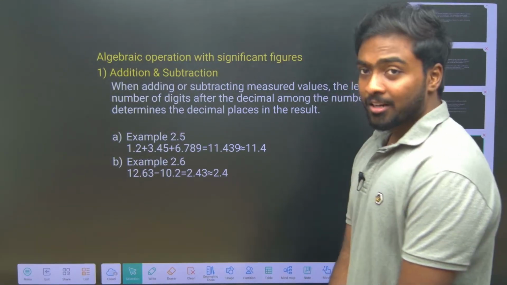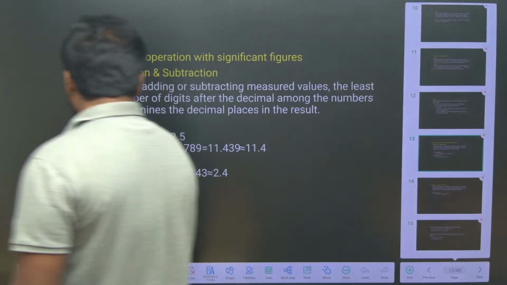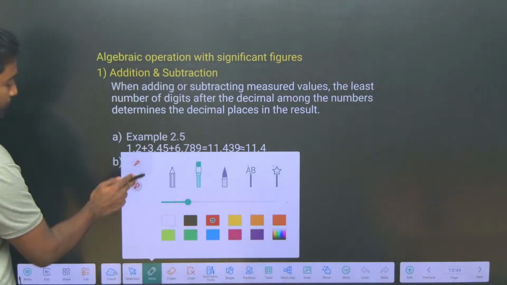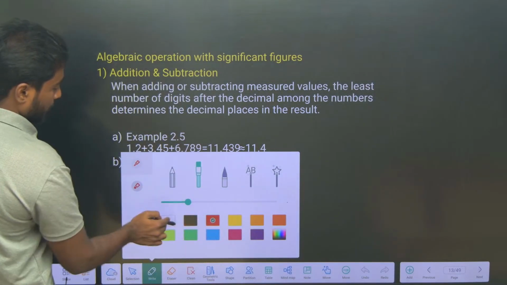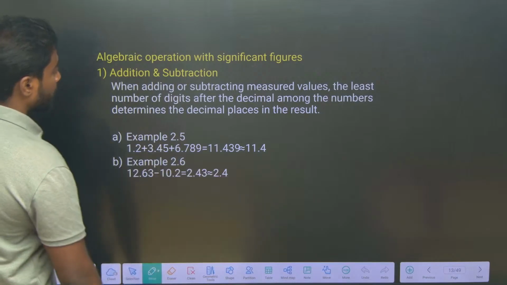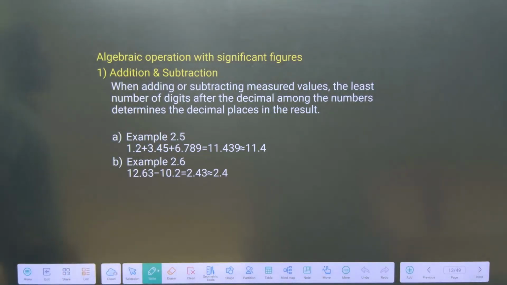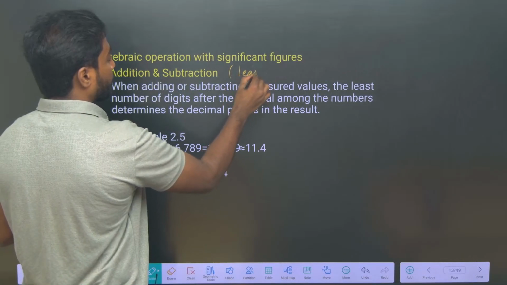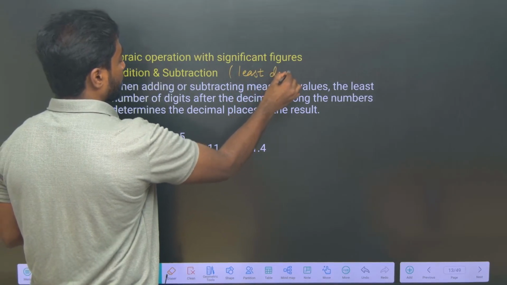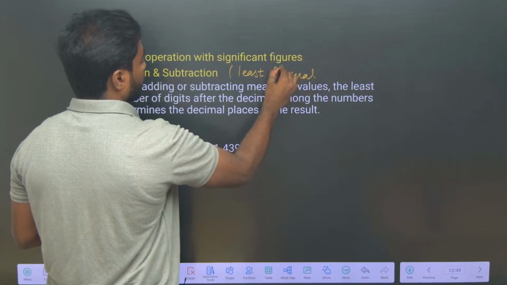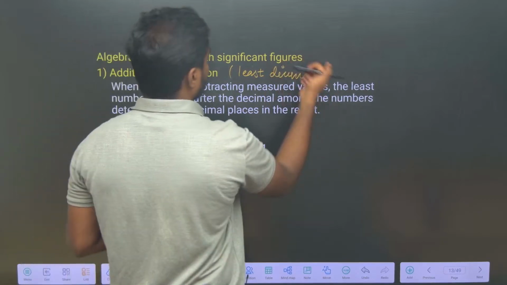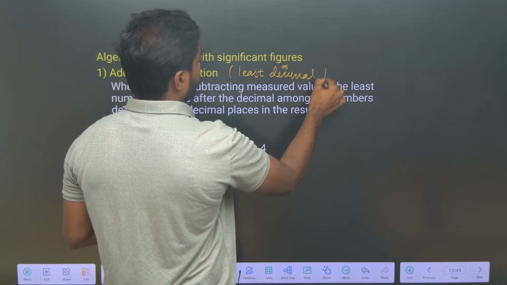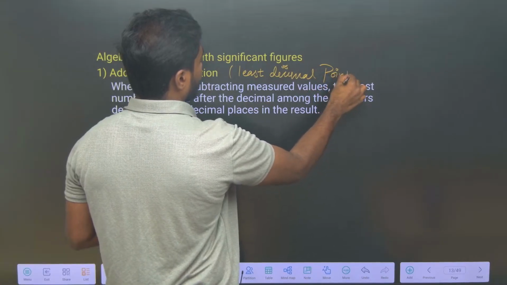So for addition and subtraction, what is the main thing we need to remember? For addition and subtraction, we need to remember the least number of decimal points.